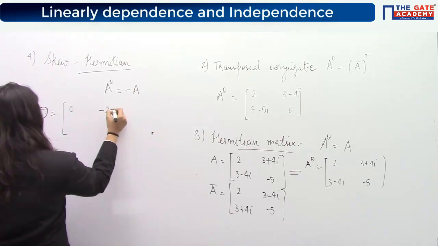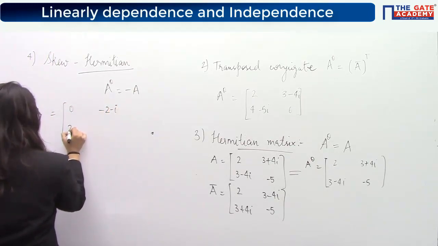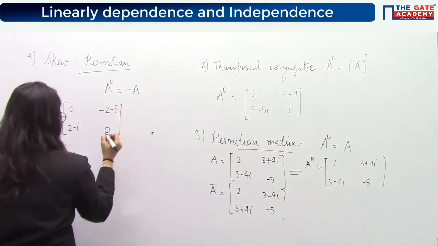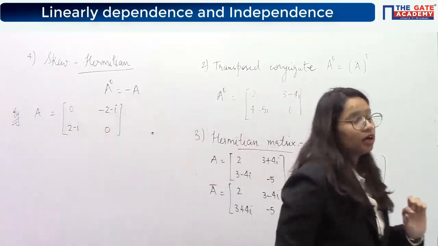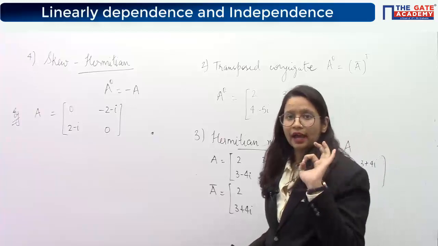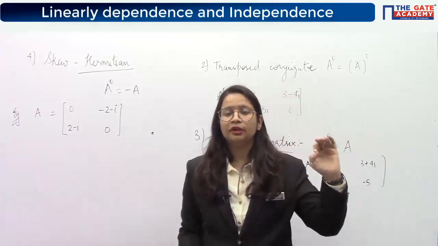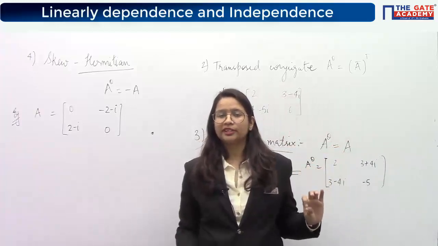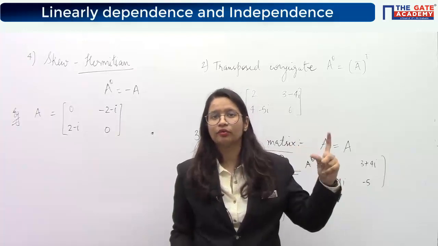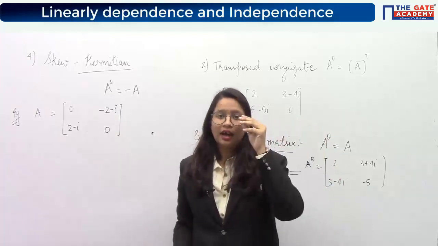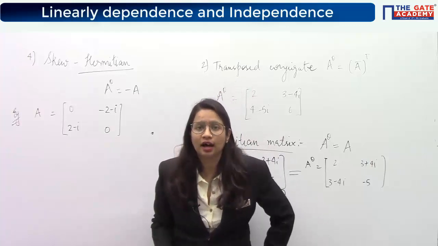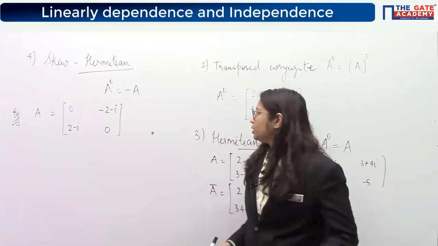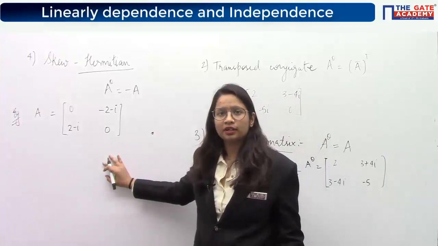we have already seen the diagonal elements of a skew symmetric matrix. What are the diagonal elements of a skew symmetric matrix? They are always 0. We have seen in the previous class that the diagonal elements of a skew symmetric matrix are always 0. Now will this be true for a skew Hermitian matrix?